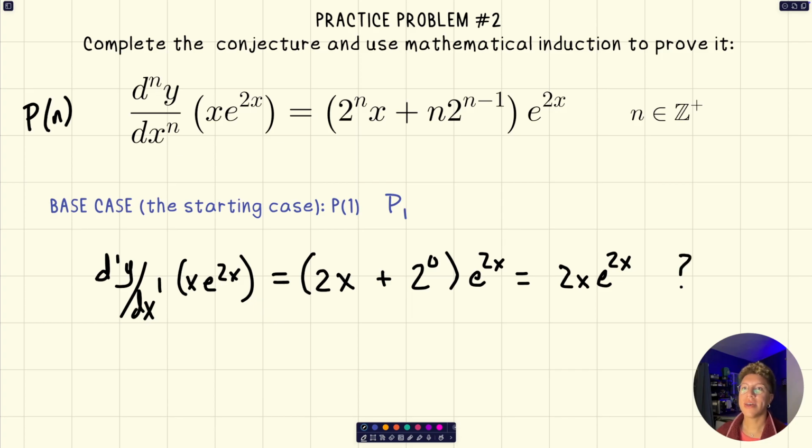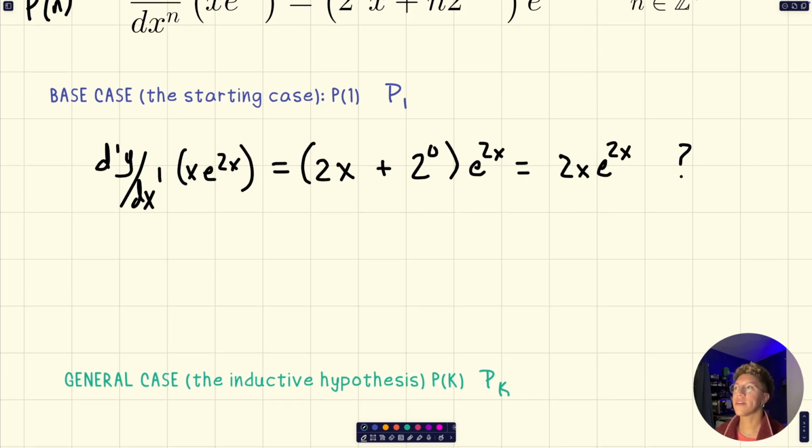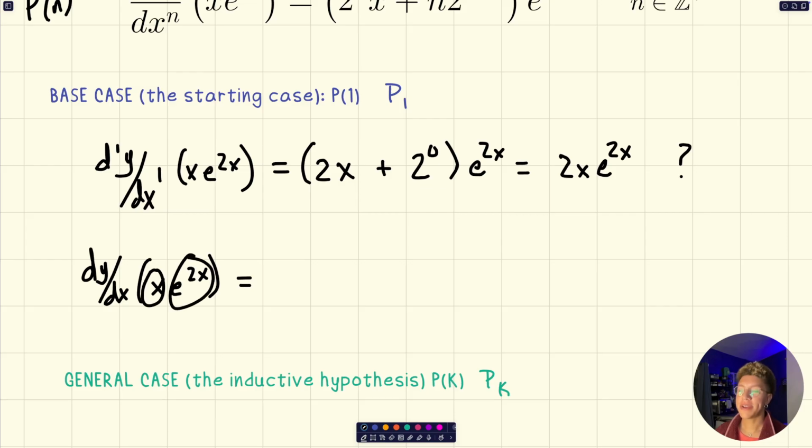Is this true? Well, we need to take the derivative using our derivative rules. So over here we take the derivative of x e to the 2x. Looking at this, hopefully what comes to mind is the product rule, because we have two functions that are multiplied together. So the product rule says we take the derivative of the first, derivative of x is 1, keeping the second one the same, and then we add that to keeping the first one the same, multiplying by the derivative of e to the 2x.